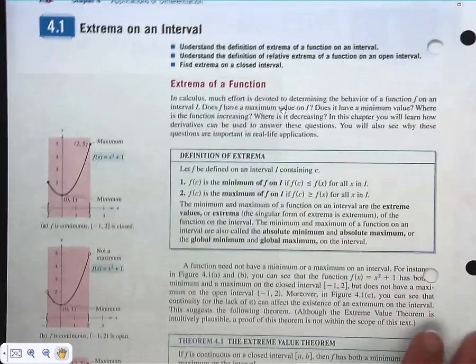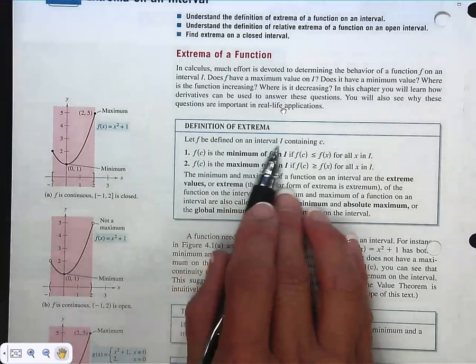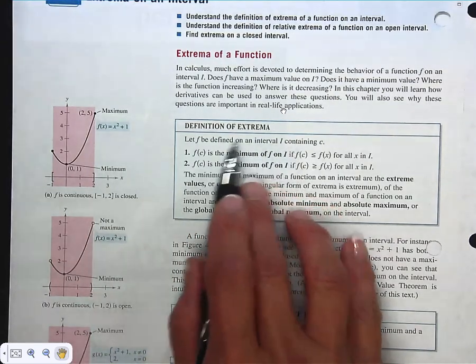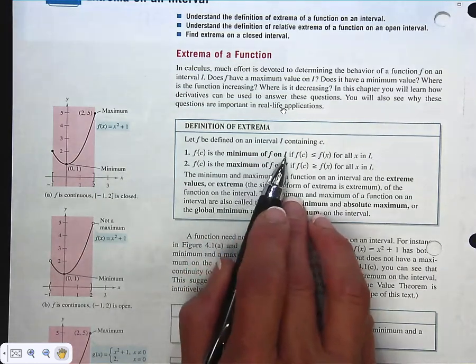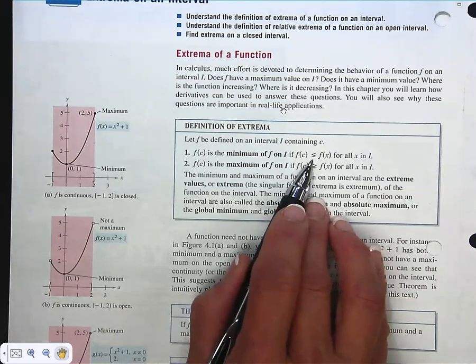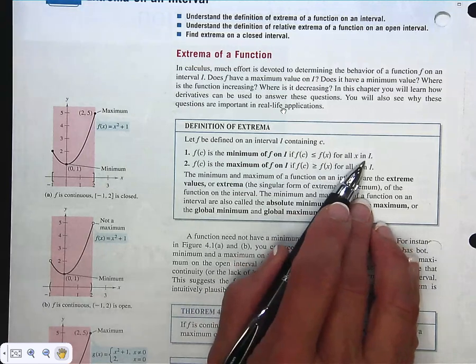First blue box, definition of extrema. Let f be defined on an interval I containing some x value c. Then f of c is the minimum value of the function on the interval I if f of c is less than or equal to f of x for all x in the interval.